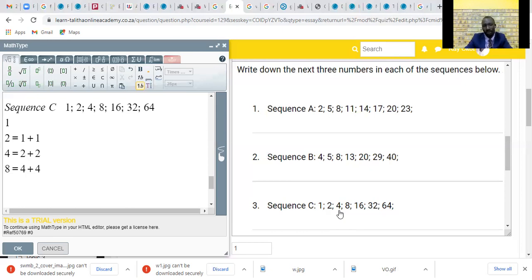So what's happening? Well, let's move to the next number, which is 16. Notice that to get 16 from the previous term, a number was added. Can you see something there?